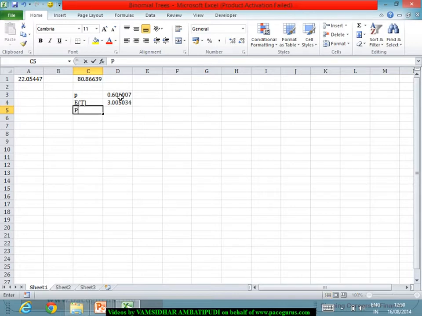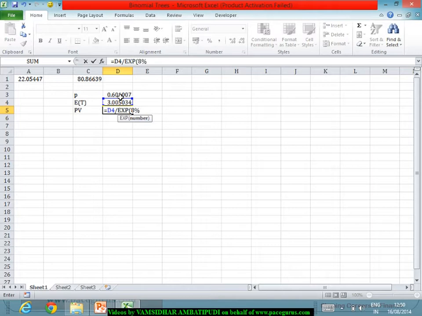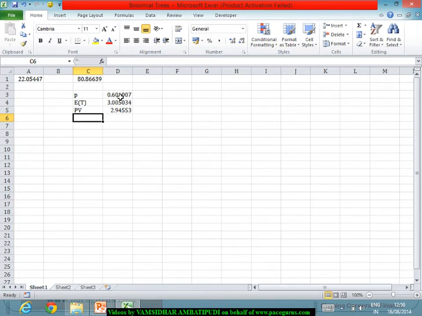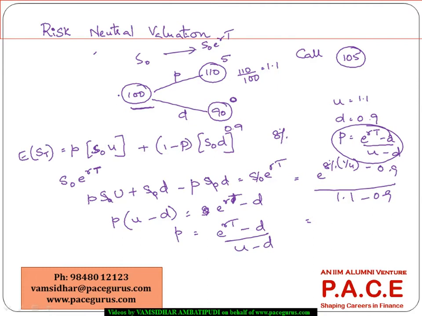So I can find out the present value by discounting it at the rate of 8% for 3 months. I'm definitely going to get the same 2.945, which is 2.95, which we got earlier when we used the portfolio based mechanism as well.